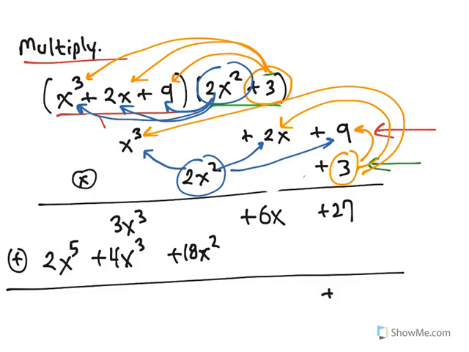So I just have 27, I have 6x, I just have 18x squared, and 3x cubed plus 4x cubed will give 7x cubed, and then here I have 2x to the 5th. So it's just an alternative way of setting up the multiplication, but it will come in handy for the types of problems that we want to do for today's lesson.